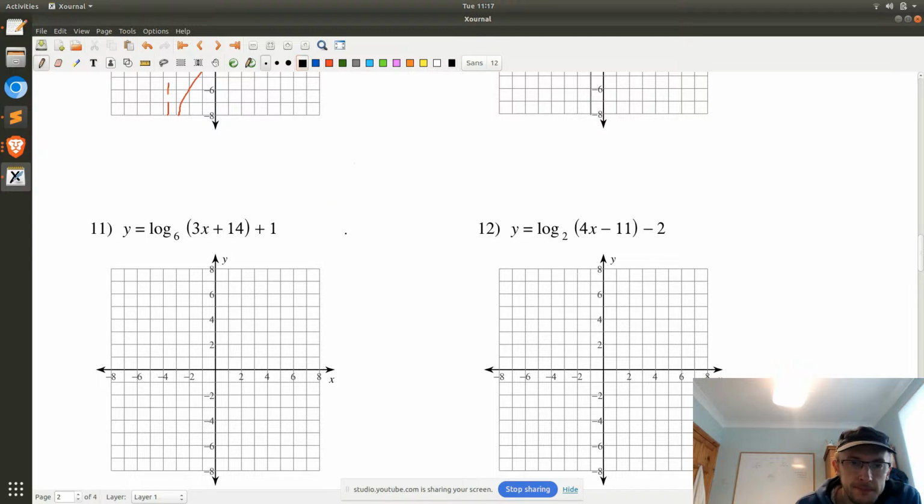Domain. x is greater than negative 14 over 3, is it not? Range. The reals. And the asymptote is negative 14 over 3, which is negative 4 2/3.